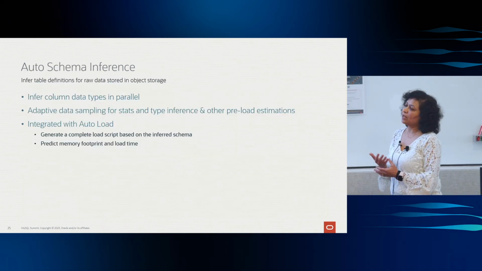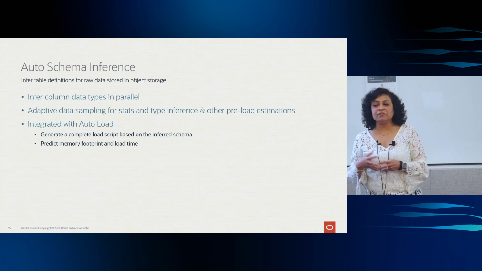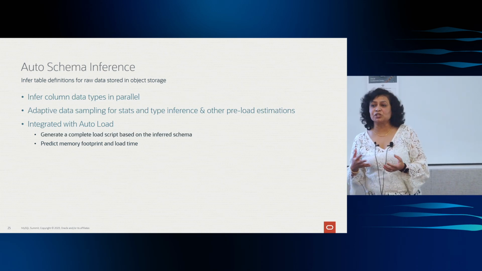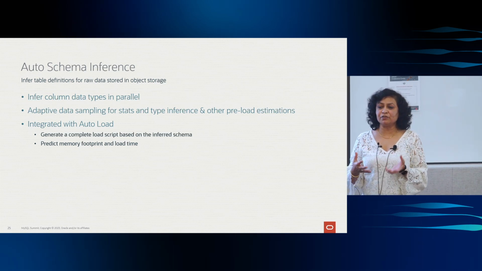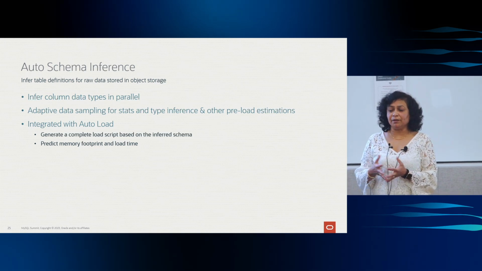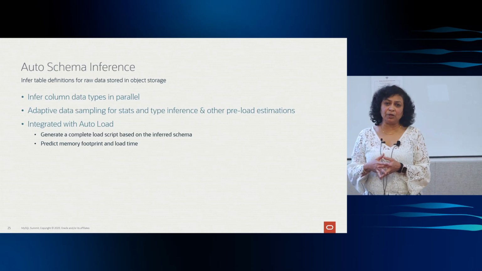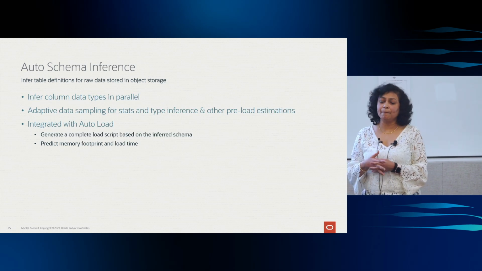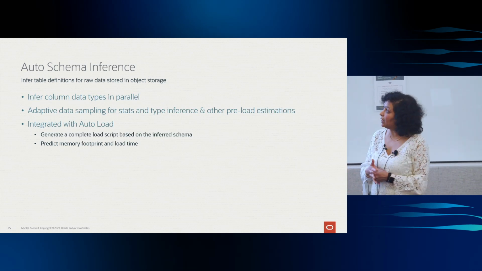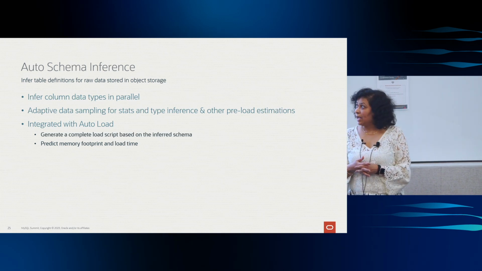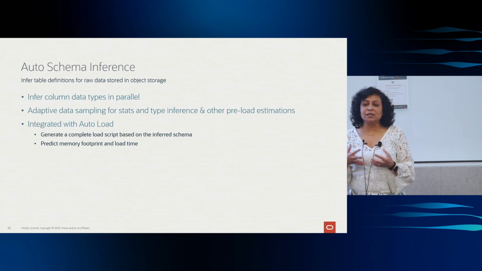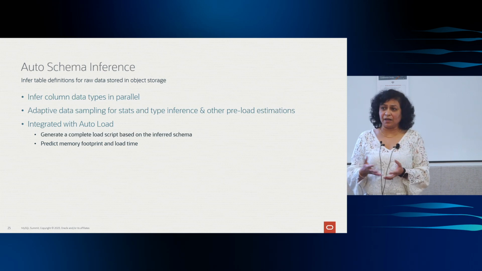So the biggest challenge in Lakehouses is our data is in CSV on the object store, right? Unlike the warehouse case where we have a precise definition of my table data, right? My table is already defined in InnoDB, my data is already loaded there. I know what the structure of my data is. But in this case, my data is in CSV format, and the user may not even know what the schema is, and they are interested in us finding out.